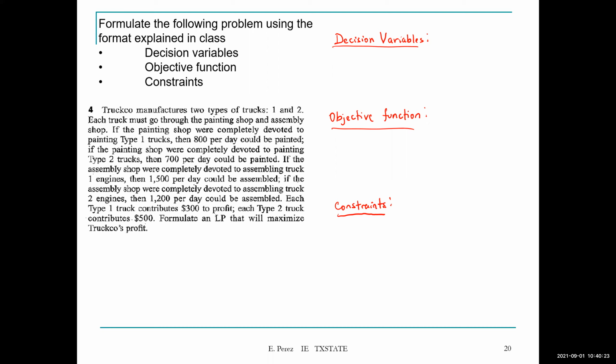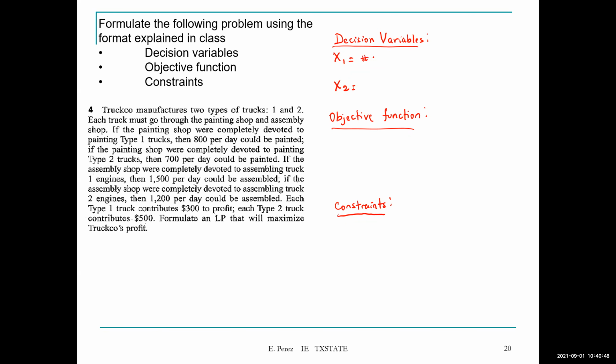Okay, so let's talk about the decision variables. How many decision variables do you think we need? 2, right? Gonna use x1 and x2. So what's the definition for the first one? Yes, exactly.